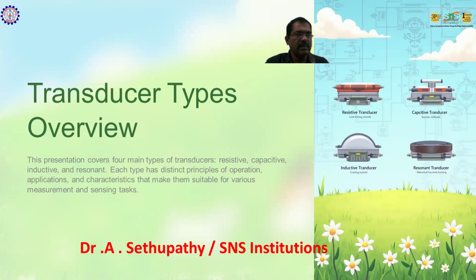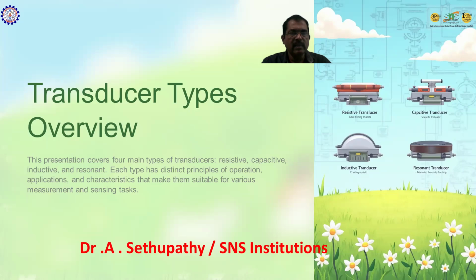So what are transducers? In this presentation we cover four main types of transducers. Transducers mean sensors. We use sensors for sensing areas where we need to convert the pulse into signals.